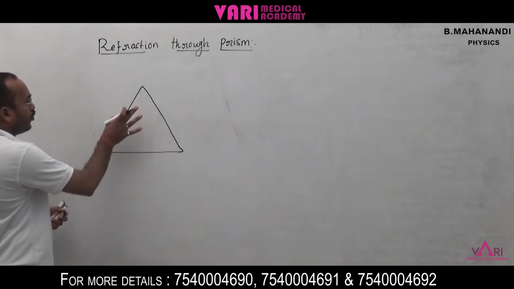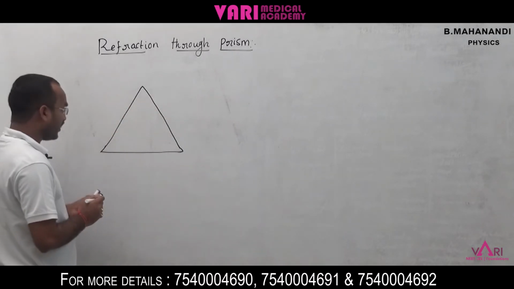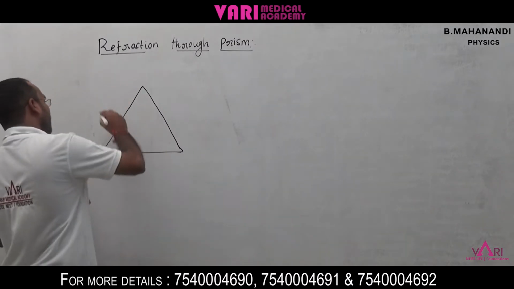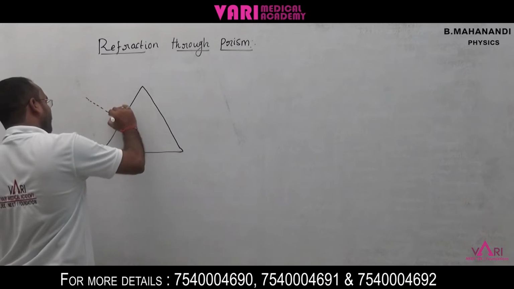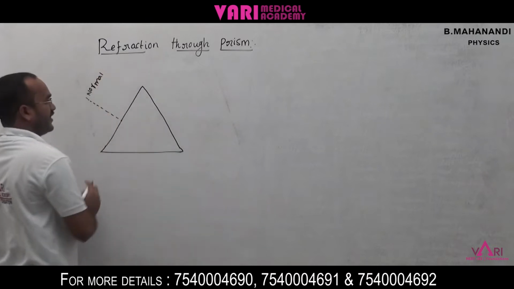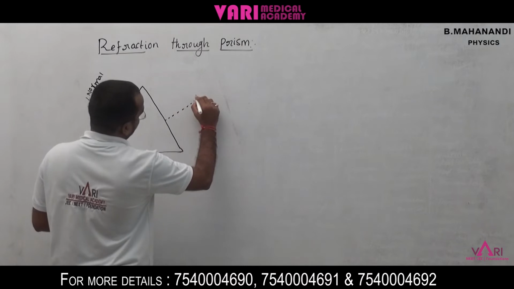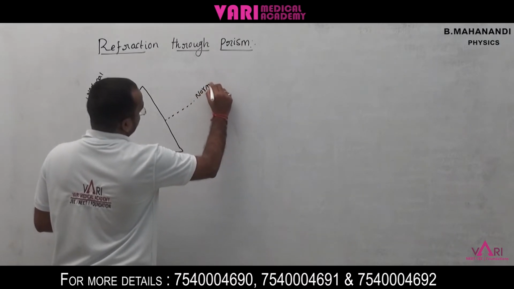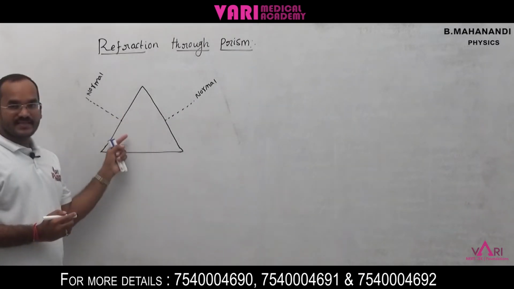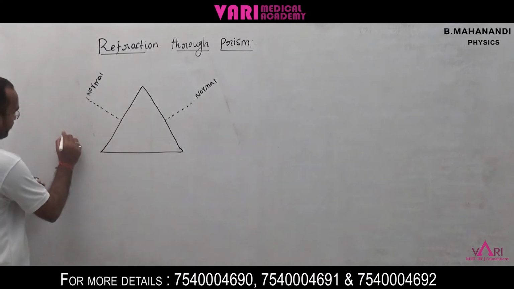Now, these two are the smooth surfaces of the prism. The normal is exactly perpendicular to each of these smooth surfaces. The inside of the prism is the denser medium, and the outside of the prism is the rarer medium.